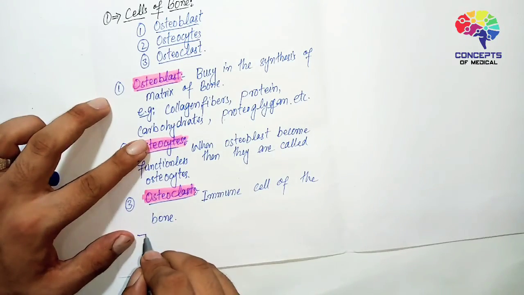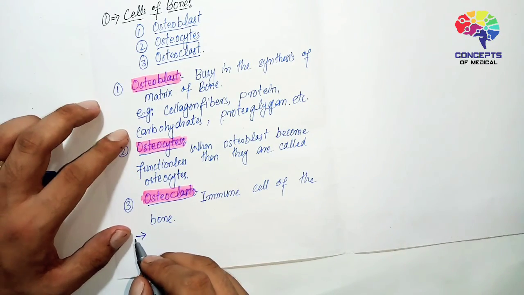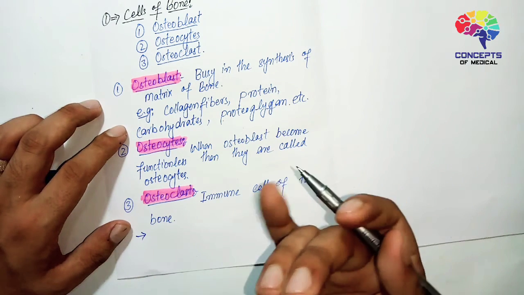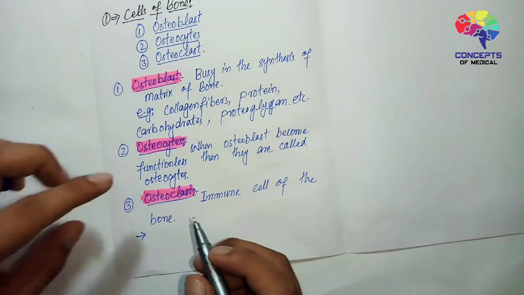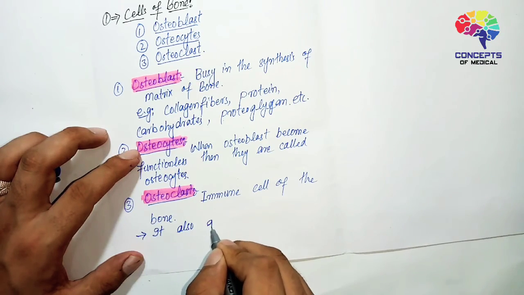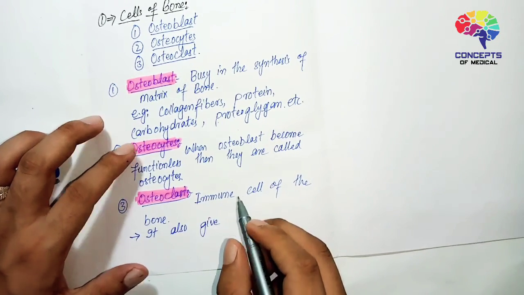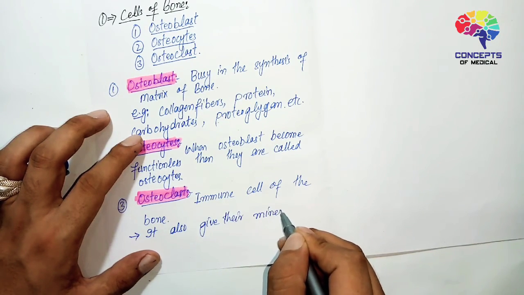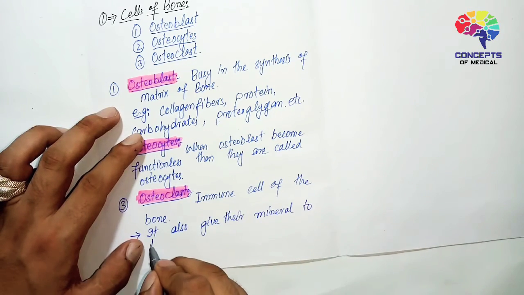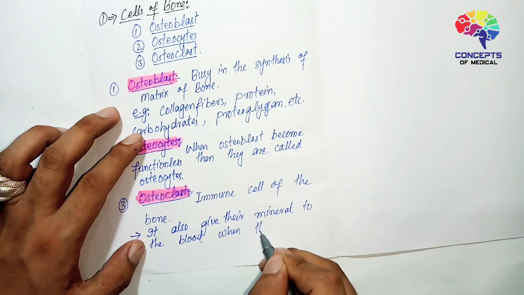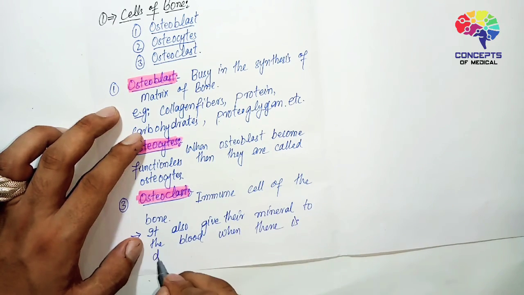So this cell plays a role. Osteoclast also gives minerals of its own to the blood when there is deficiency, by its activation. So it gives its minerals to the blood when there is deficiency, right?